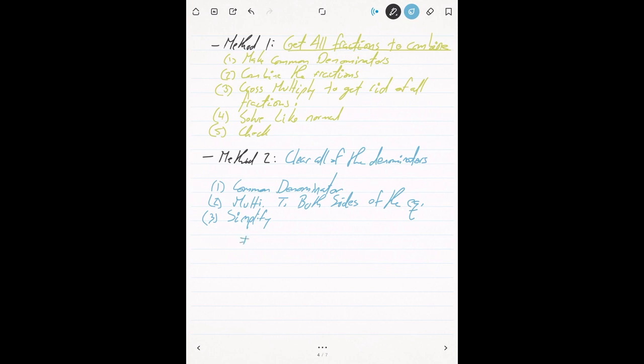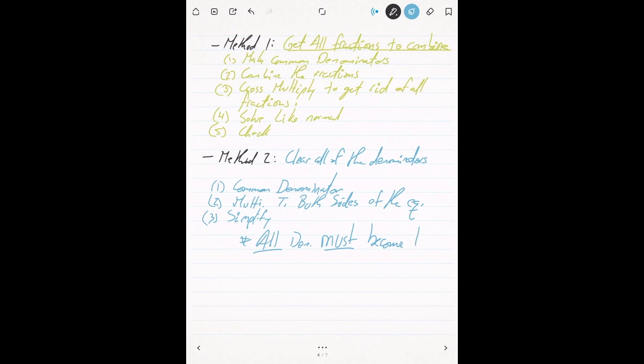And I'm going to put a little note here. All denominators must become a 1, okay?